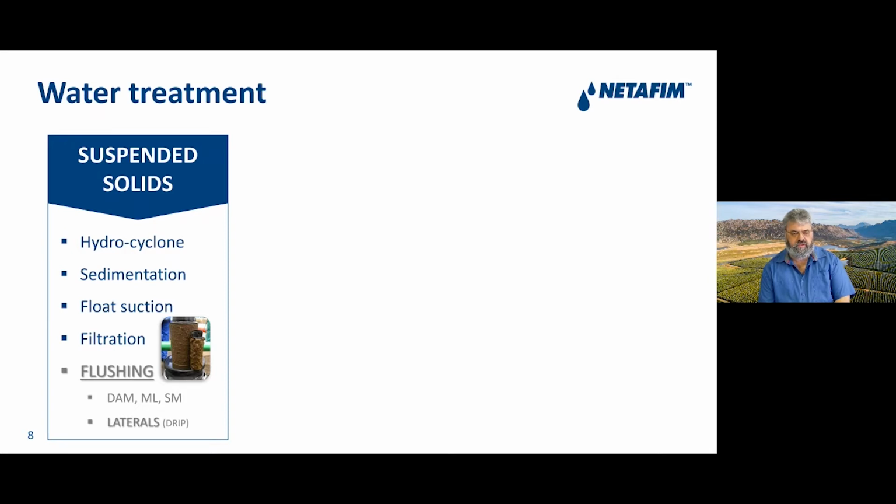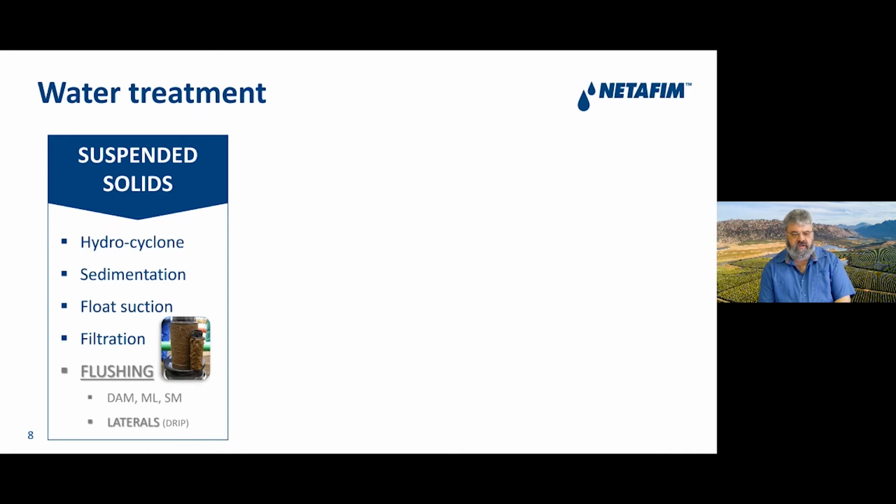Then we can use a reservoir or a dam to do sedimentation. A float suction is always a positive piece of equipment in any irrigation system because you can draw a better quality water with the float suction. Then we will get to the filtration, what we discussed today.